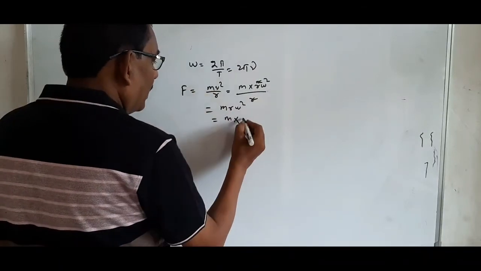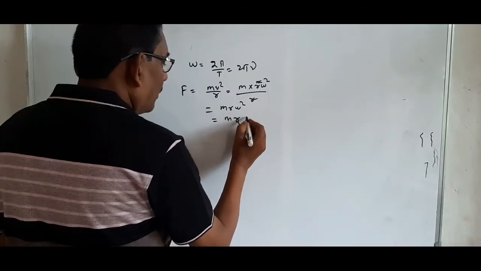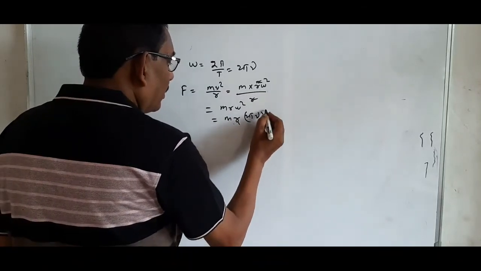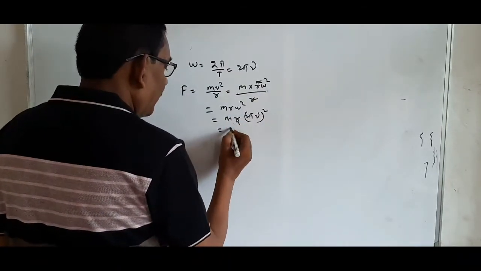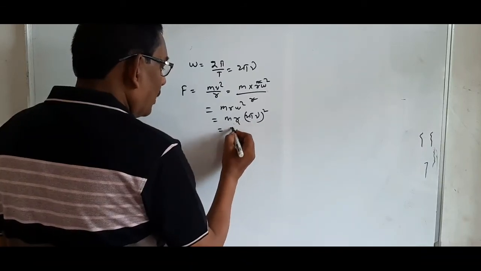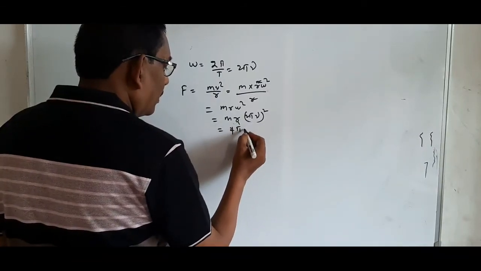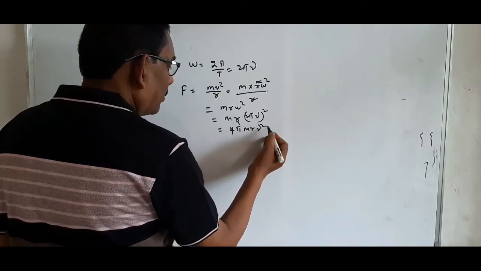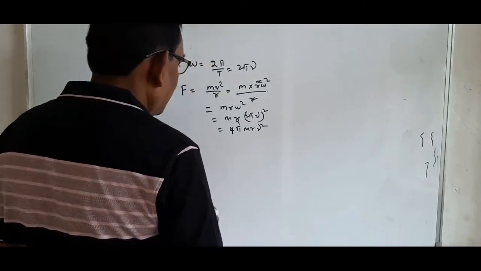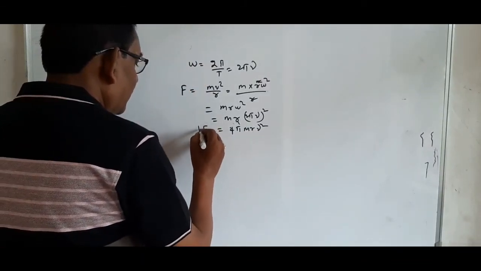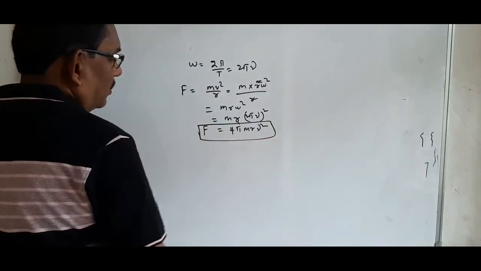Now putting this value here, 2 pi nu whole square, it is 4 pi square m r nu square. It is another equation of centripetal force.